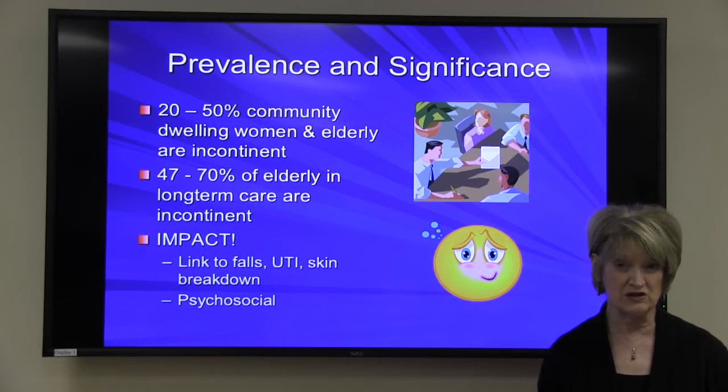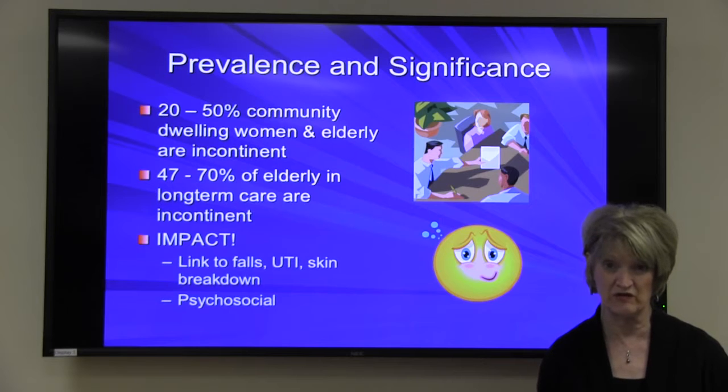When you work with patients who have incontinence, you become very aware that even though skin breakdown, urinary tract infections, and the potential for falls are a significant concern, the psychosocial impact is much greater. Patients will tell you about limiting activity, not going to events that they truly want to go to because they're afraid they'll embarrass themselves or their families.